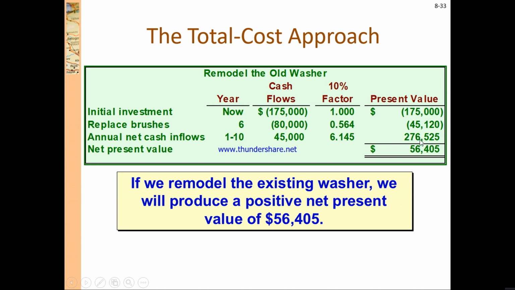So the present value figure is 276,525. By summing up cash inflow and outflow, we will get a positive figure in this also. In this case, the net present value is 56,404. That means for both alternatives we have computed a positive figure.